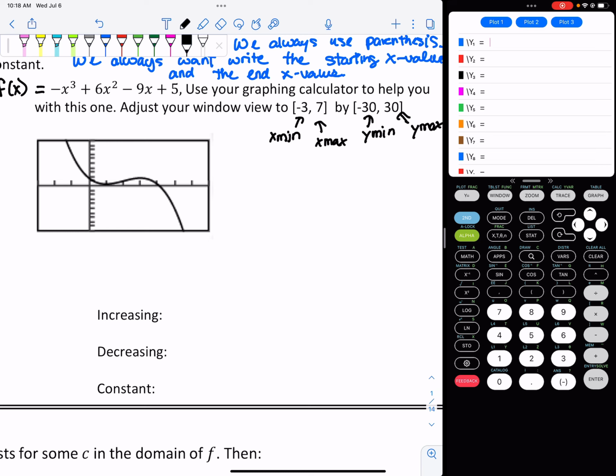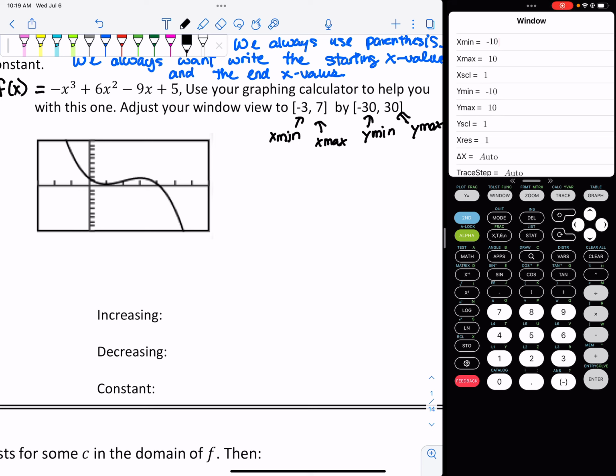Negative x cubed plus 6x squared minus 9x plus 5. Then we go over to where it says window, and then we'll adjust the window. X min is negative 3.